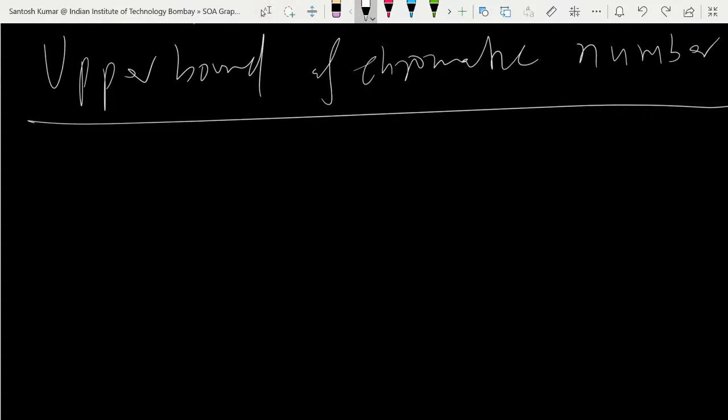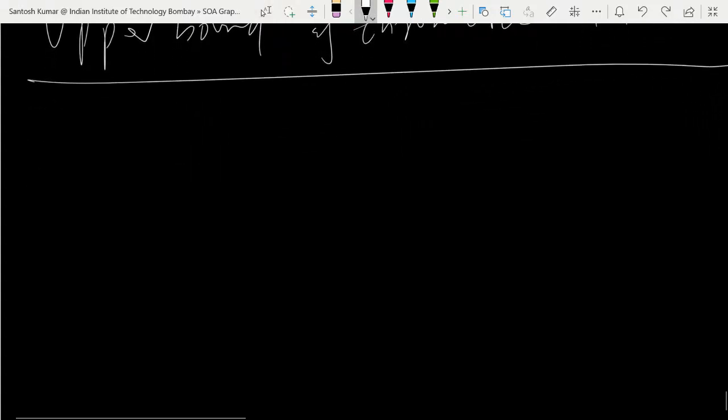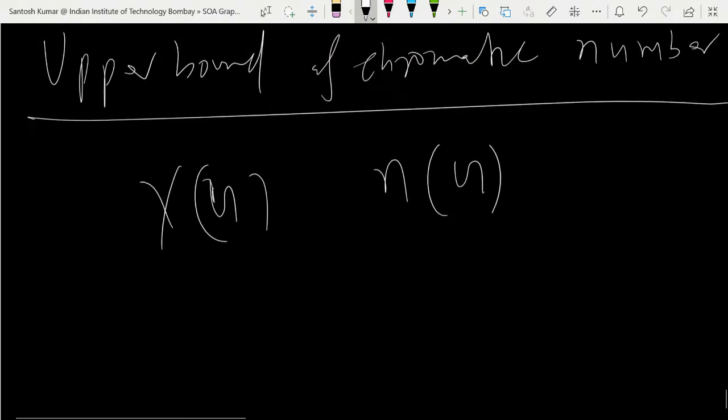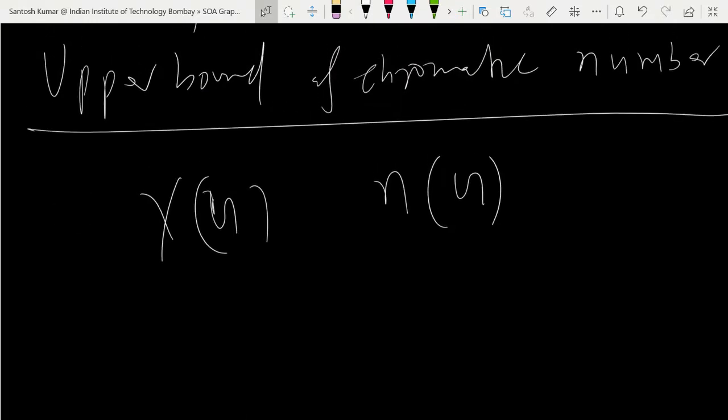One thing that you can see clearly is chromatic number of a graph and order of a graph. Which one will be smaller? Chromatic number. Yes, so this is a natural upper bound, simply because the order contains the number of vertices.